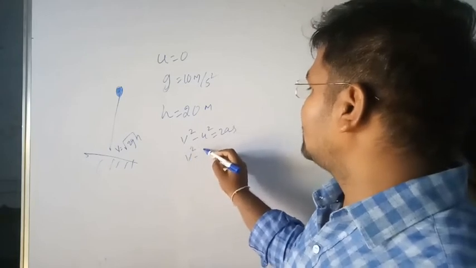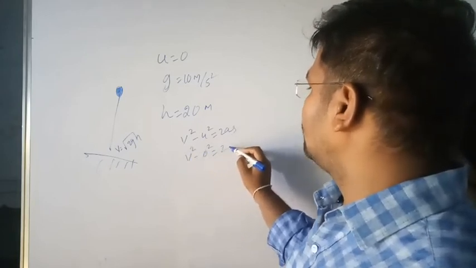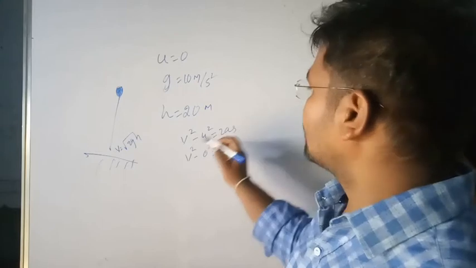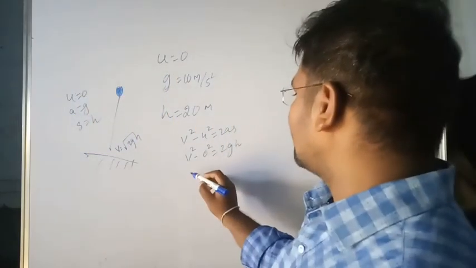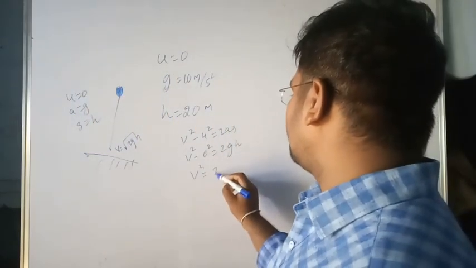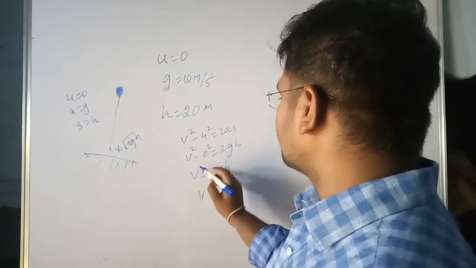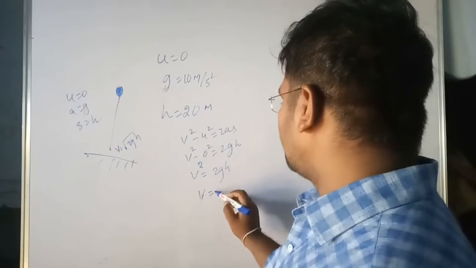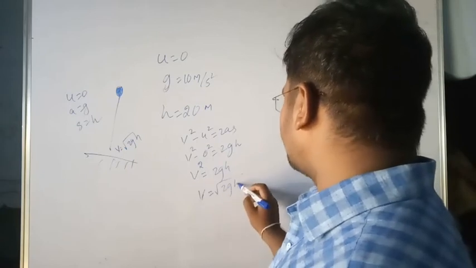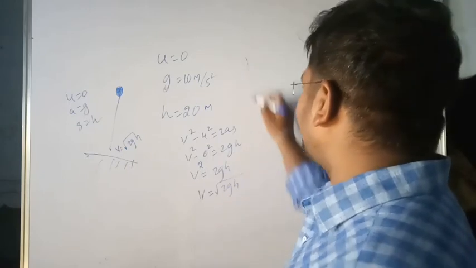V square minus 0 square is equal to 2 into g into h. In this case, u is equal to 0, a is equal to g, s is equal to h. By substituting this, we get v square is equal to 2gh, v is equal to root of 2gh. Understand? This is the formula.